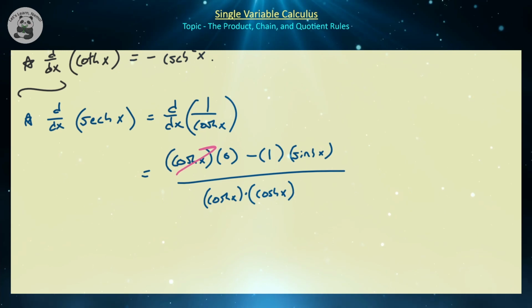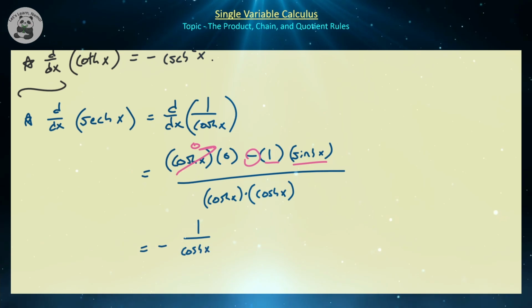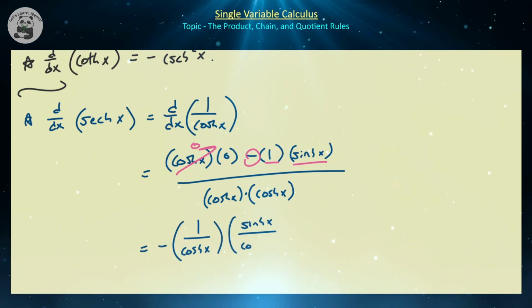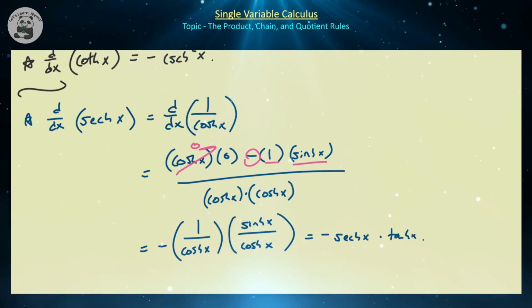So this cancels and goes to 0, and then we're left with this minus 1 and sinh product on top. So that's going to be equal to minus 1 over hyperbolic cosine times hyperbolic sine divided by hyperbolic cosine. And that's going to be equal to negative hyperbolic secant times hyperbolic tangent.